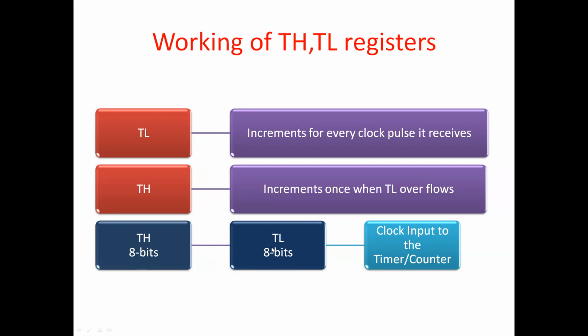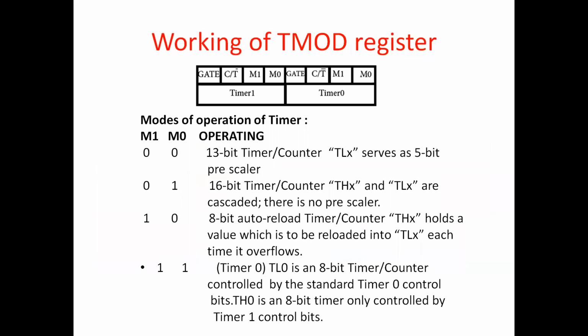But if you operate in 8-bit auto reload mode, or mode 2, whenever all bits become ones, for the next clock pulse, whatever value you stored in TH will be automatically loaded in TL and it starts counting from that particular value instead of 0. That mode we call the 8-bit auto reload mode.